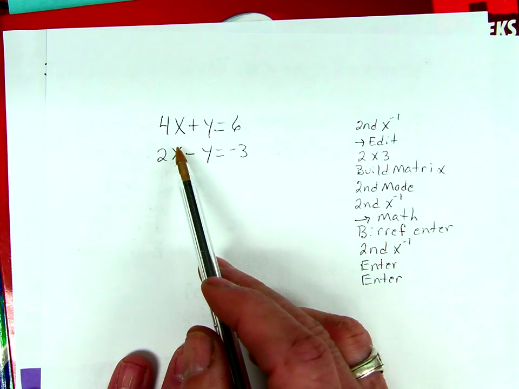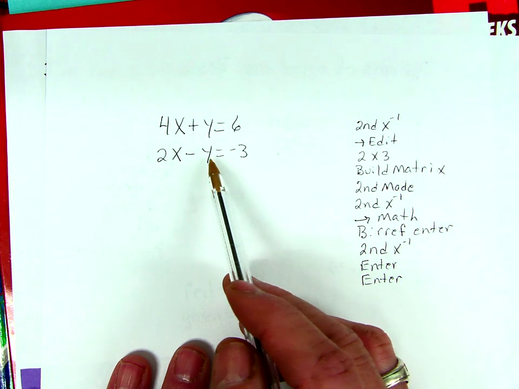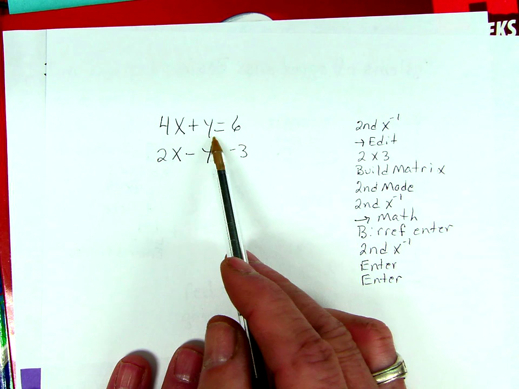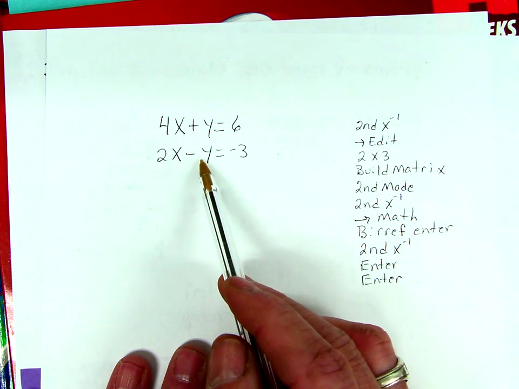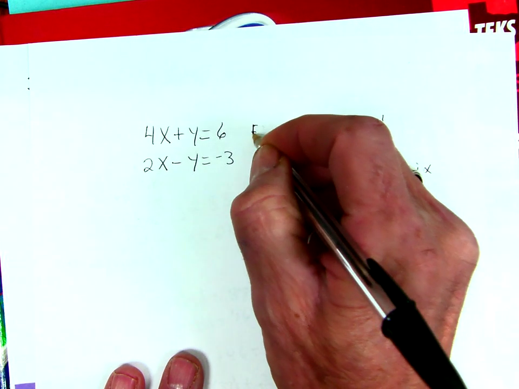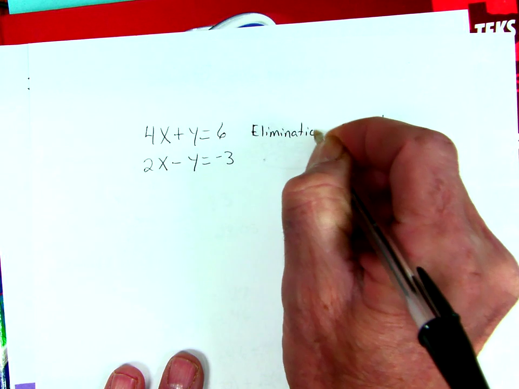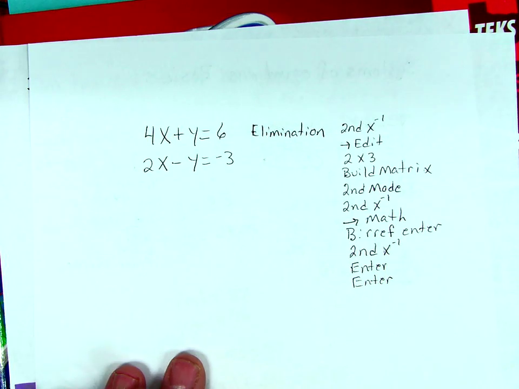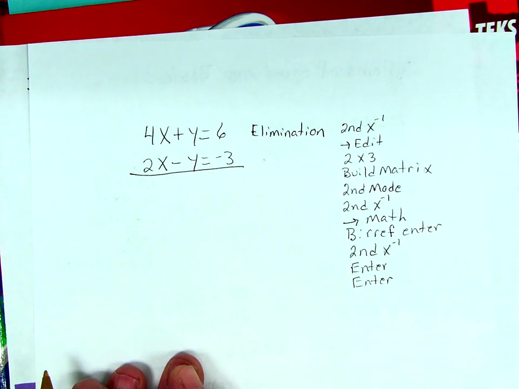But what if the equations are set up this way? This, when the x and the y are both on the same side of the equation for both equations, is a perfect example of elimination. Elimination means that we're going to add or subtract.